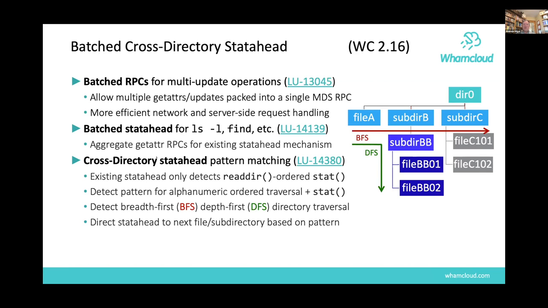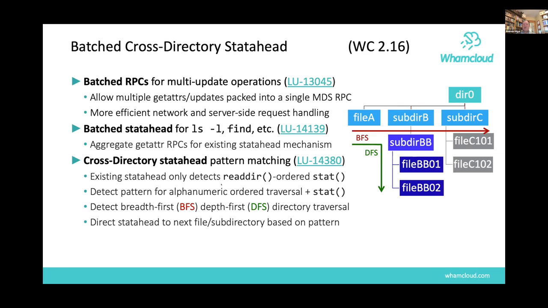And so these cross-directory stat aheads can help, if you're doing ls -lR or find, it can start prefetching attributes from a different directory than what the application is currently looking at. And so this can help, especially with smaller directories and more dense trees rather than just the large, many files in one directory case.